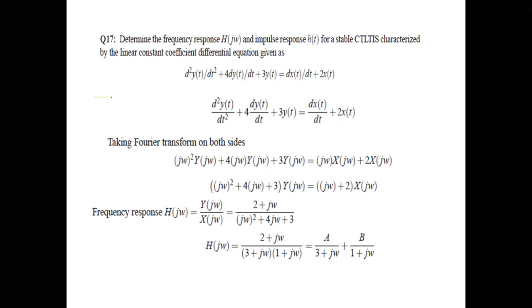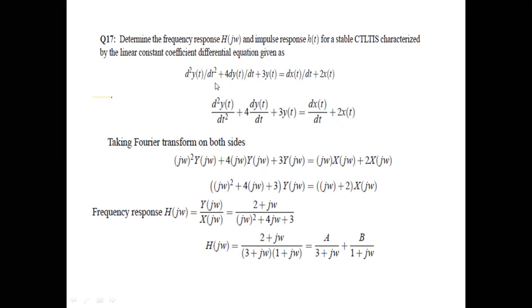And if any function is given in quadratic form, with d²y(t)/dt² plus 4 dy/dt, the linear constant coefficients of a continuous time linear time invariant system. See here, CTLTIS means continuous time linear time invariant system characterized.